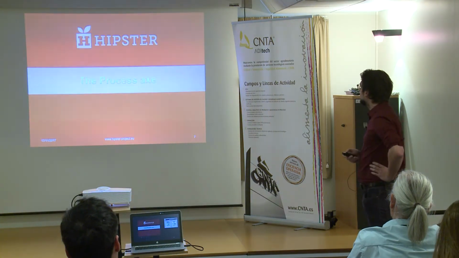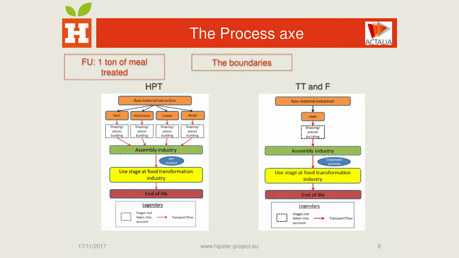So let's take a look at the process axis. As I said, in LCA you calculate the impact as a function of the functionality of a product. Here, we calculate the impact per ton of meal treated. That's very important. The boundaries, so all the different steps that were taken into account for the HPT, thermal treatment and freezing, are the raw material extraction, with steel flow mainly.